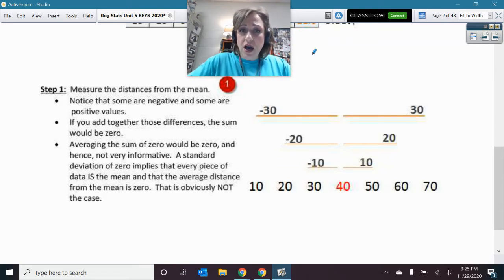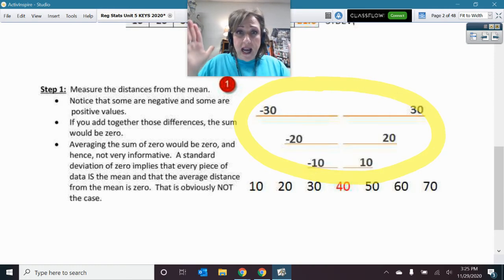If I added all of these up and divided by 7, I would get 0, because they would cancel out. That's always what's going to happen, because the average distance below the mean is the same as the average distance above the mean. So those distances will always sum to 0.